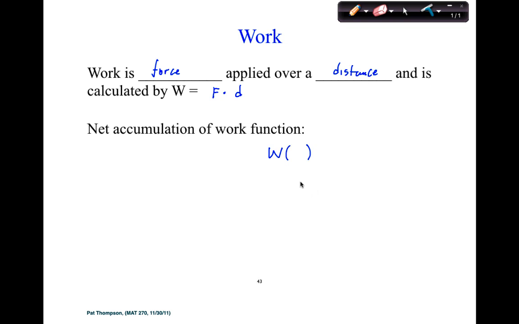So here, do I want W of x or W of a number? I'm going to define the general form of the work function, meaning all values of accomplished work for any value of x. What would that be?